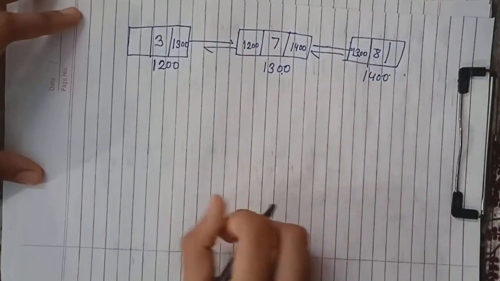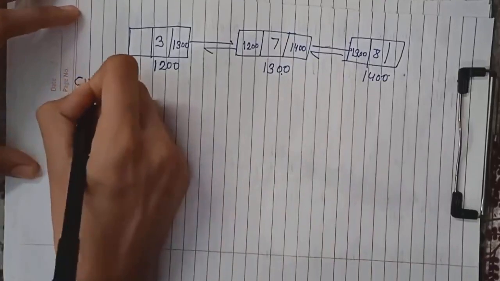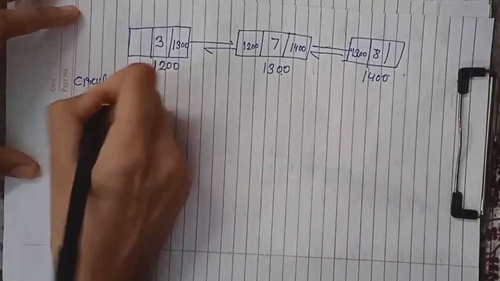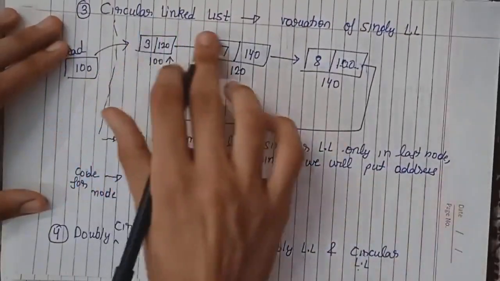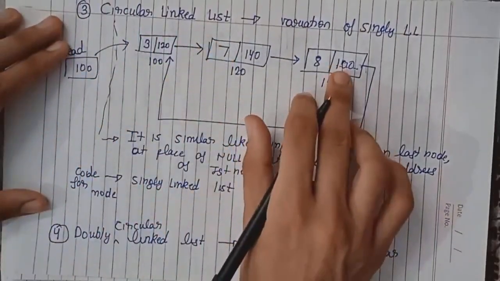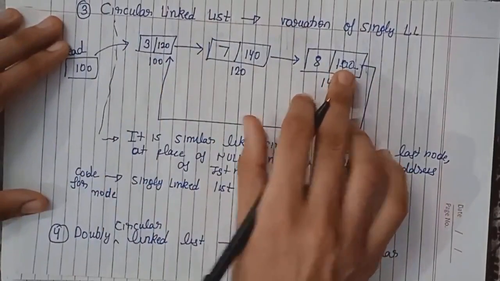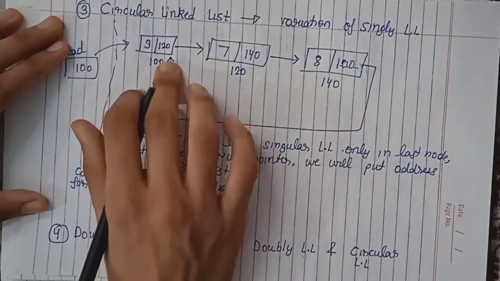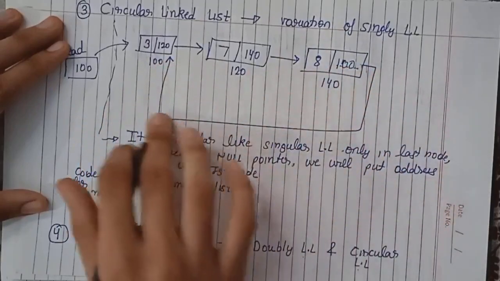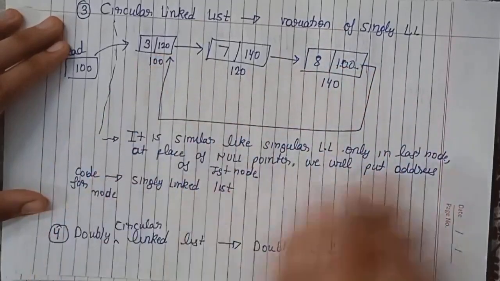In the circular linked list, what we basically did, let me show you, is that in place of null we put the address of the first node to make the circle-like structure. Similarly, we need to do the same in the doubly circular linked list.